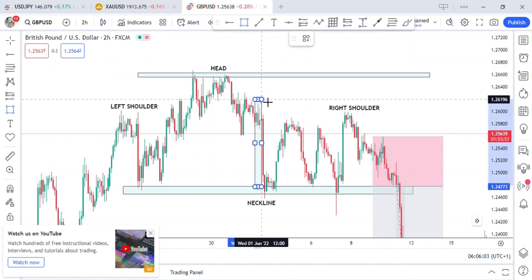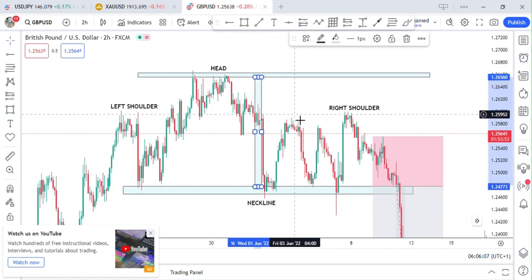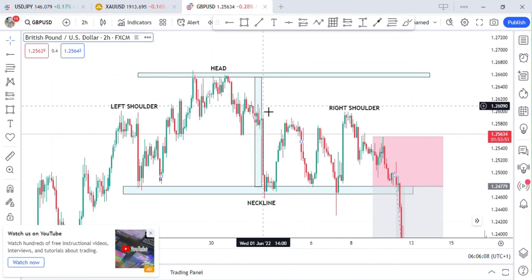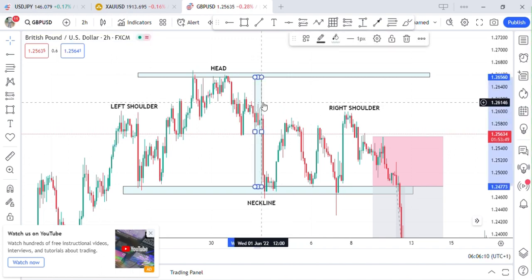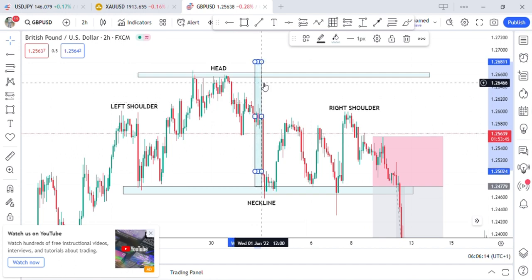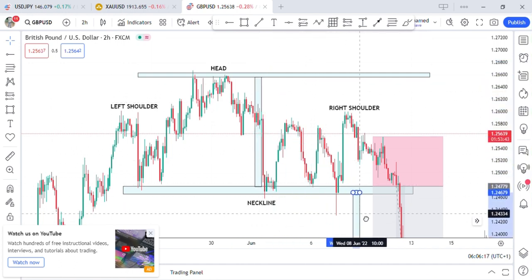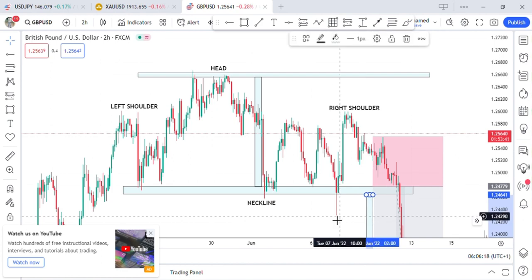They'll project from this neckline, okay, let me just project it, and they will say take profit here.